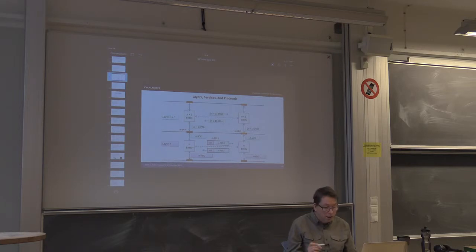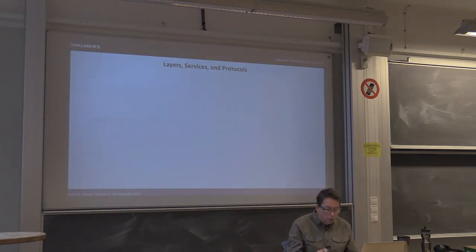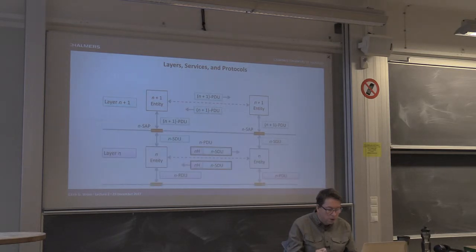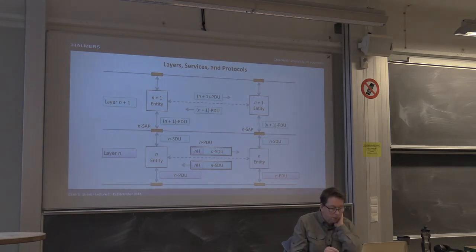Okay. And I had an excellent question in the break here, which I might not have told you very explicitly. Here in the interface between layer n+1 and layer n, so this NSAP, we said that here's some data going back and forth.